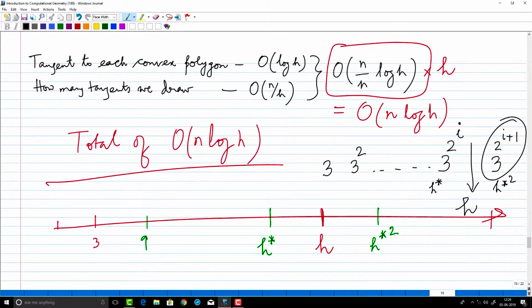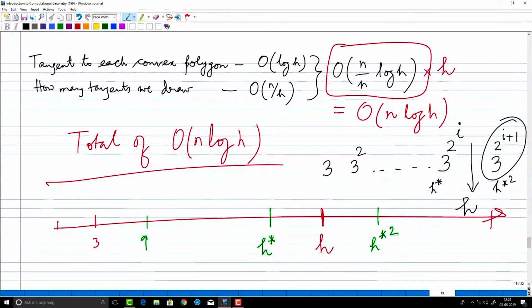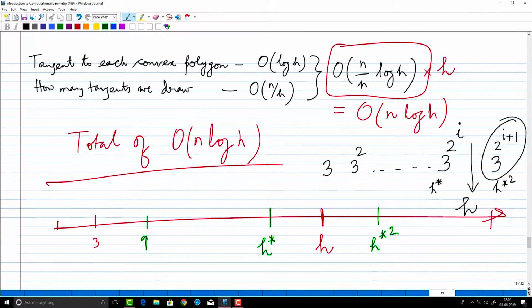So, essentially what you are doing is, at each step you are taking n log h, fine. Your h can be maximum 3 to the power of 2 to the power of i plus 1, which is surely greater than your correct h, right. So, your h comes into the complexity.